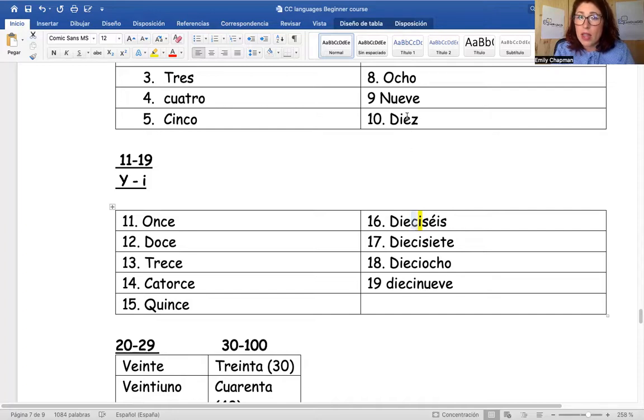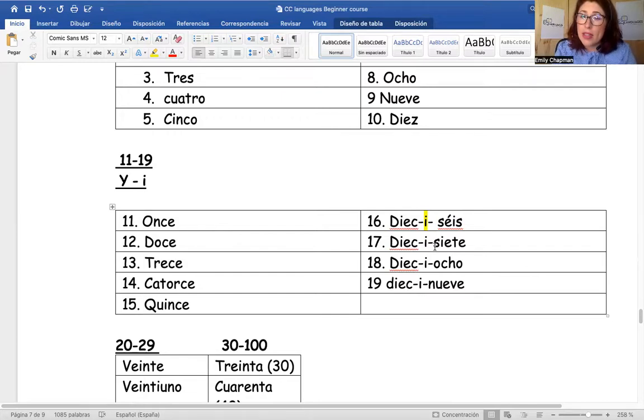You can see the diez here has the Z, whereas here it has the C. So if you break it down, we've got 10 and 6. And then here again, we could do the same, 10 and 7, 10 and 8, remembering the I is an and, the diec is a 10, and then we've got our 6, 7, 8, and 9 on the ends.